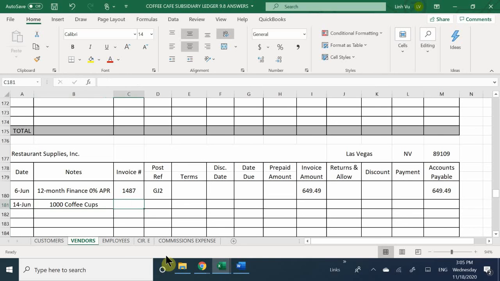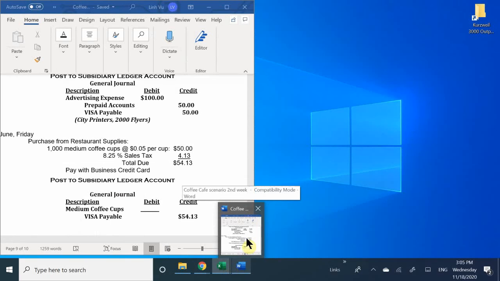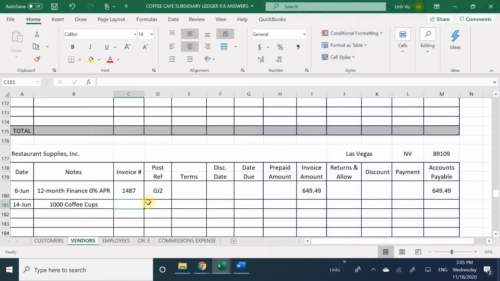Do I have an invoice number or a receipt number? I do not believe I do. That's okay. Typically it'd be a receipt number. Post reference is going to be general journal number 4. And of course no terms because I went to the store and bought it.